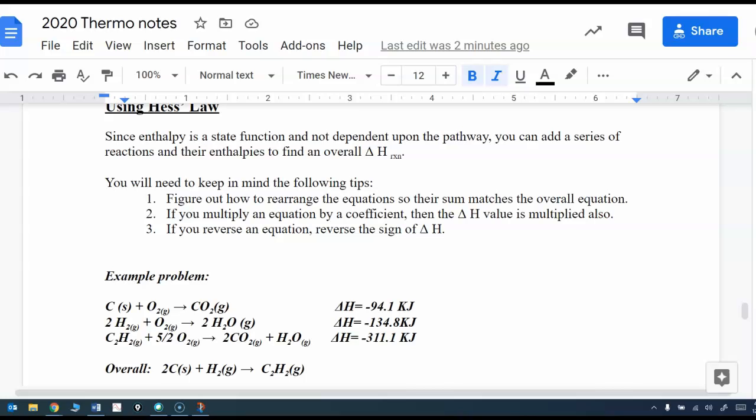So let's take a look at our example here. In the overall reaction, I have some carbon, some hydrogen, and some C2H2. And so I'm looking for those things in my steps. And I can see that I have some carbon, I have some hydrogen, and I have some C2H2.